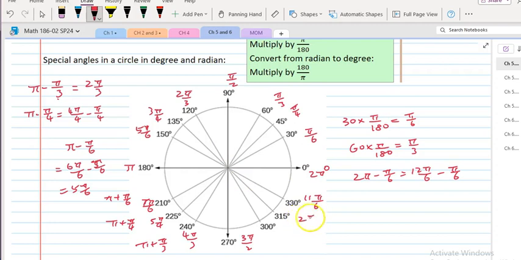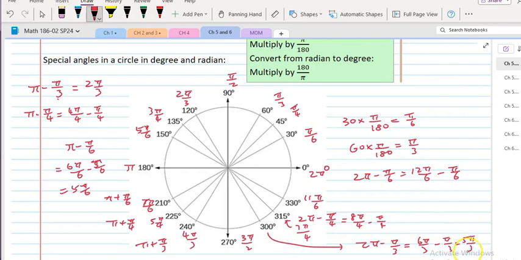So this would be 2 pi subtract pi over 4, right? So that would be 8 pi over 4 minus pi over 4. That's 7 pi over 4. And this is 2 pi minus pi over 3. So that is 6 pi over 3 minus pi over 3, equal to 5 pi over 3.